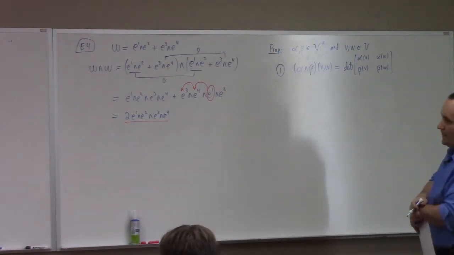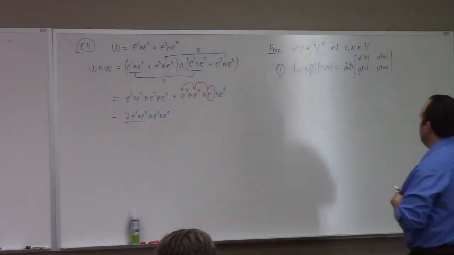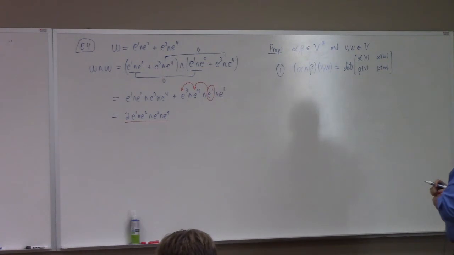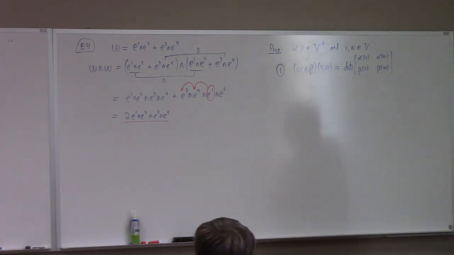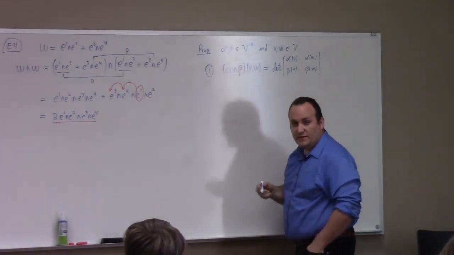I mean, that's a claim. It's something you could work out from the definitions that we've given. But suppose you had it. How would that relate to other things we've said? Check it out.